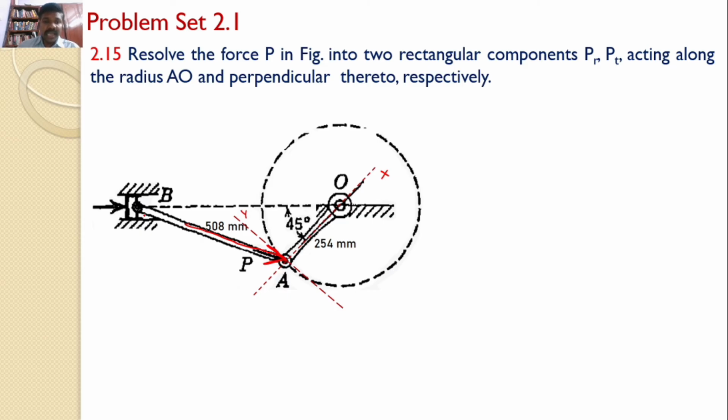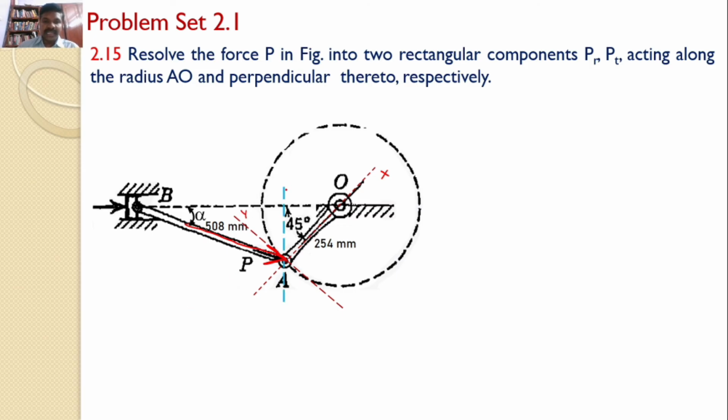For that, I should know the angle made by this force P with either the x-axis or the y-axis. To know that, let this angle be alpha. Let the angle made by the force P with the horizontal be alpha. Given that the angle made by this AO with the horizontal is 45 degrees.